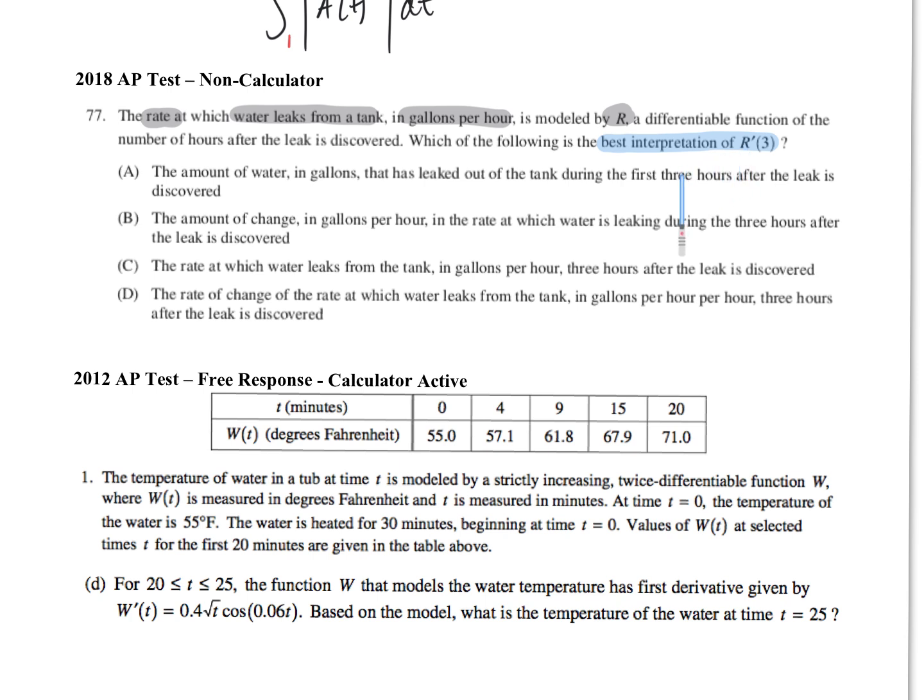Twice. So we're looking for the word rate twice. I see rate of change at a rate. Would it make sense if R was gallons per hour, that R prime is gallons per hour per hour? I dig it. Do you see that they're involving all this stuff? The 3 is involved. That's what we need. I agree with that, Ritzy.